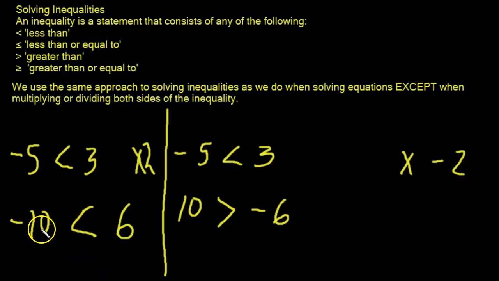This is saying negative 10 is less than 6. So notice that when you multiply both sides of the inequality by a negative number, for the new statement to make sense, the symbol has to change direction. And when you multiply both sides by a positive number, we did not need to change direction for the statement to make sense, because here we're saying negative 10 is actually less than 6.